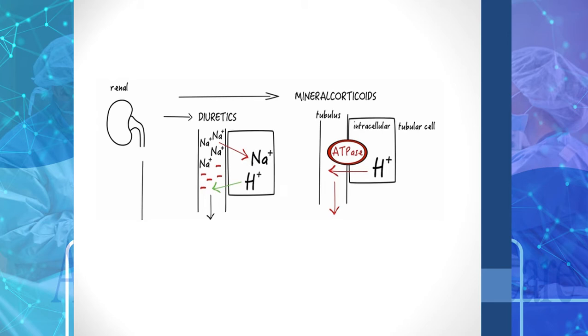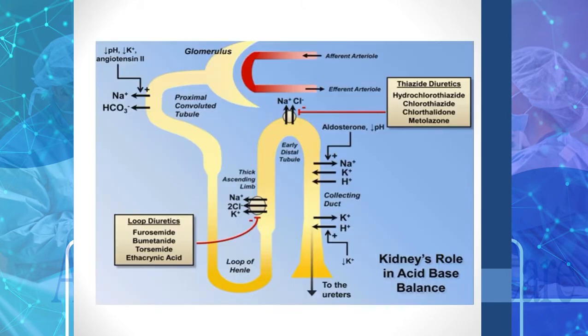Also, mineralocorticoids are working by the same mechanism. I will tell you now how they are working. Aldosterone and angiotensin have the same effect on sodium. They are doing sodium, salt and water reabsorption.